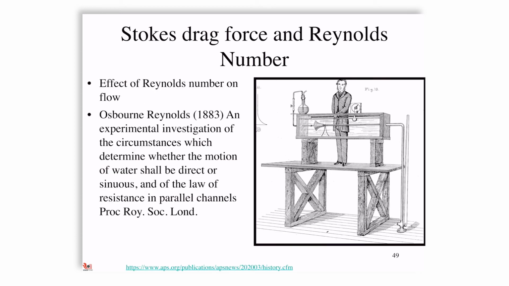Because in fact, Osborne Reynolds in 1883 showed experimentally that the motion of water can be direct or sinuous in certain circumstances, and these circumstances were the part where he discovered that high Reynolds numbers lead to smooth flow, whereas low range lead to turbulent flow.